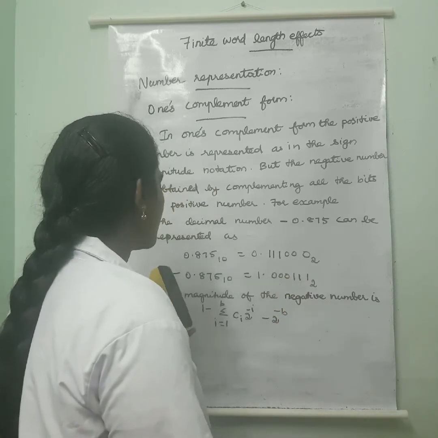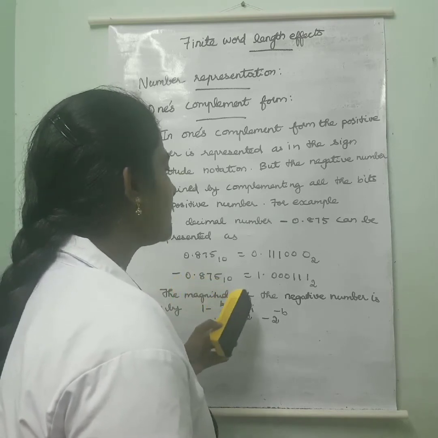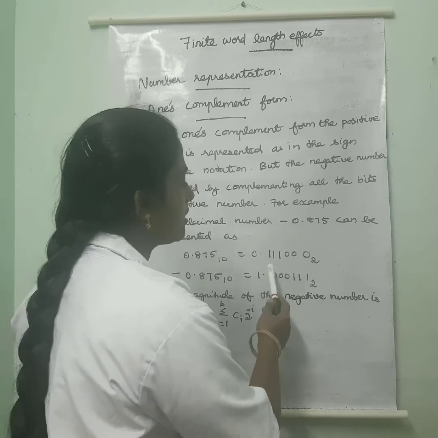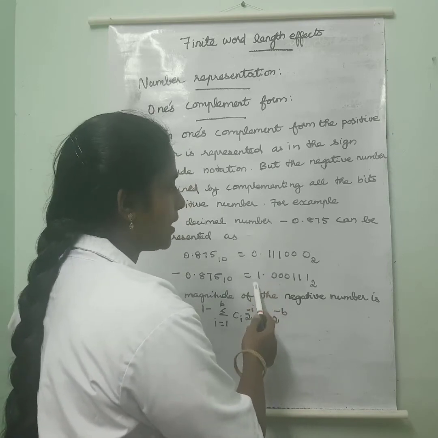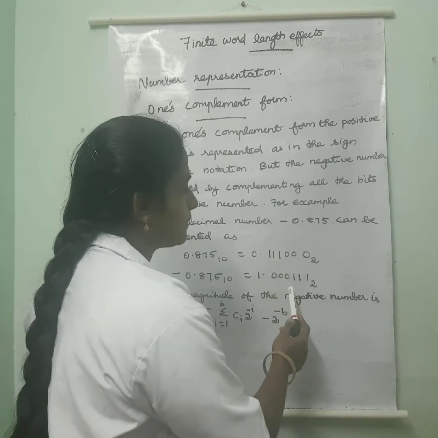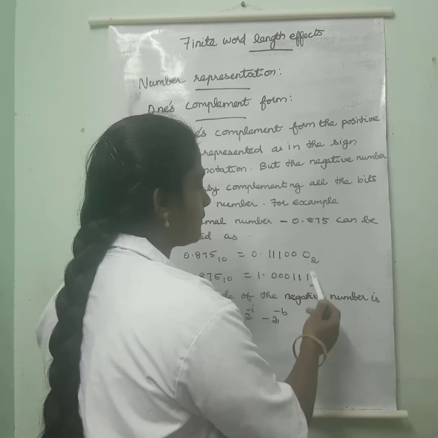When you are finding minus 0.875, you have to complement all the bits: this 0 will become 1, this 1 will become 0, and so on.